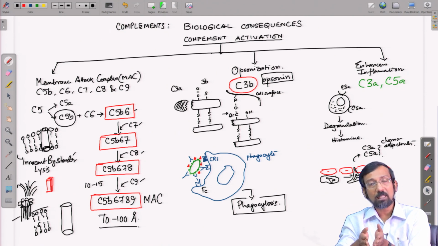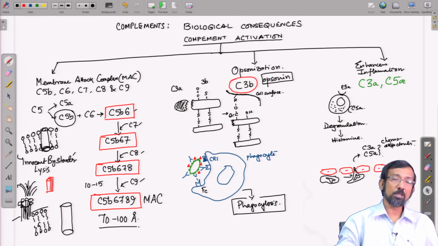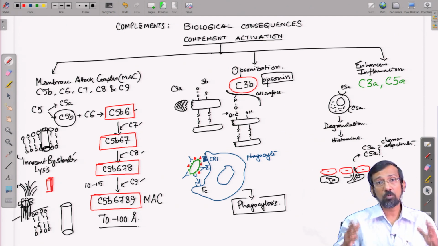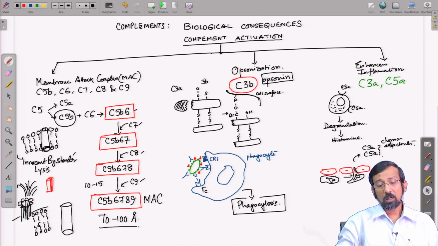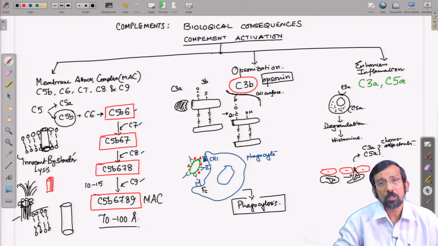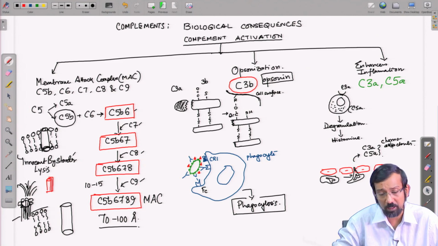So, why or how is it that when there is no infection in the body, the complement proteins are still there, still moving around? Why don't these proteins, even though they are moving around in the body, attack the cells of our body, or cause any inflammation or anything? Why do the complement proteins not perform these functions normally or get activated normally?